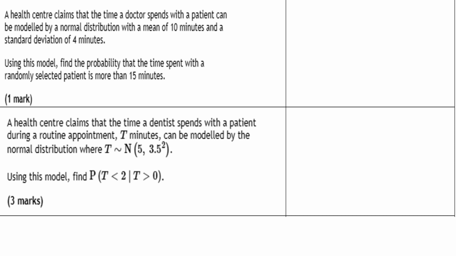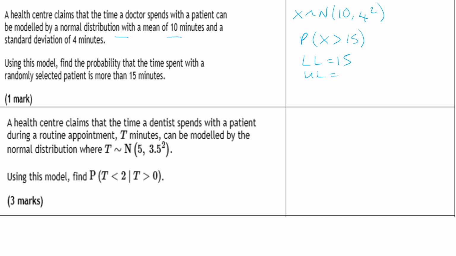Here's the stats questions. We've got 2 questions on the normal distribution. We've got health centre claims that the doctor spends time with the patient, modelled normal distribution, mean 10 and standard deviation 4. So X is normally distributed with 10 and 4 squared. We're trying to find the probability that X is more than 15. So you just need to put that in your calculator. More than 15 means our lower limit needs to be 15.